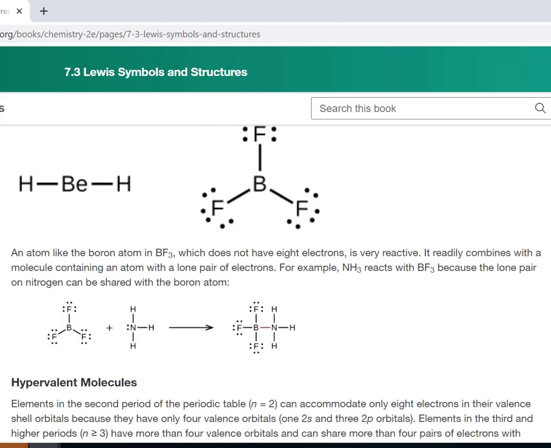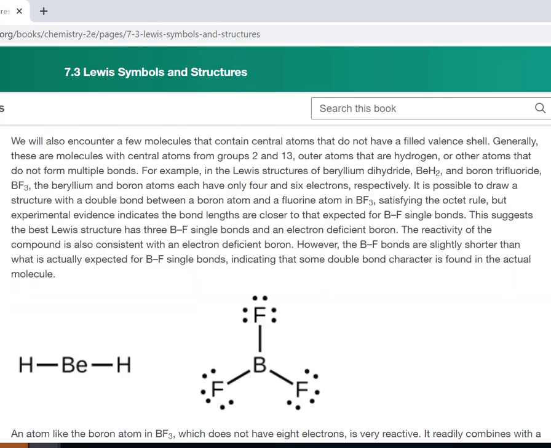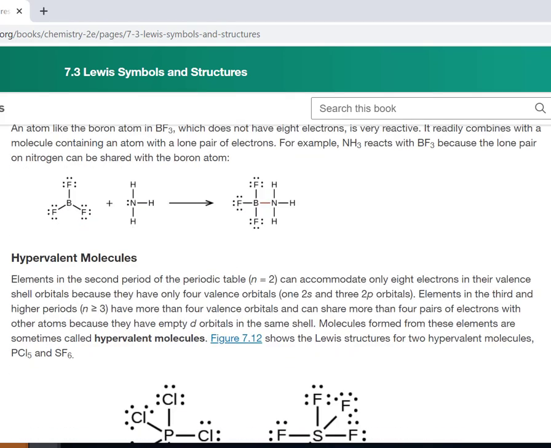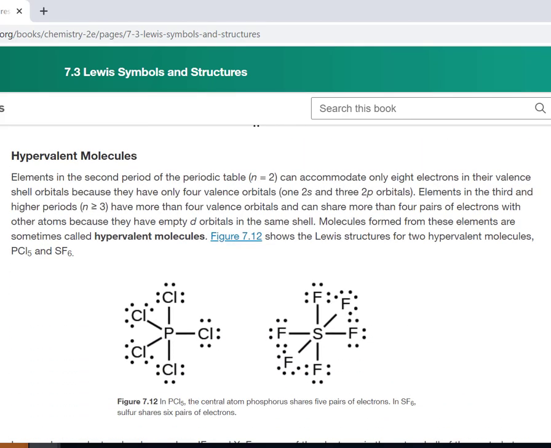So these are the electron deficient ones, and then the final possibility are what we call hypervalent molecules. These are molecules that have more than what you would expect, more than 8 electrons on the central atom, and we're showing a couple of examples of them here.